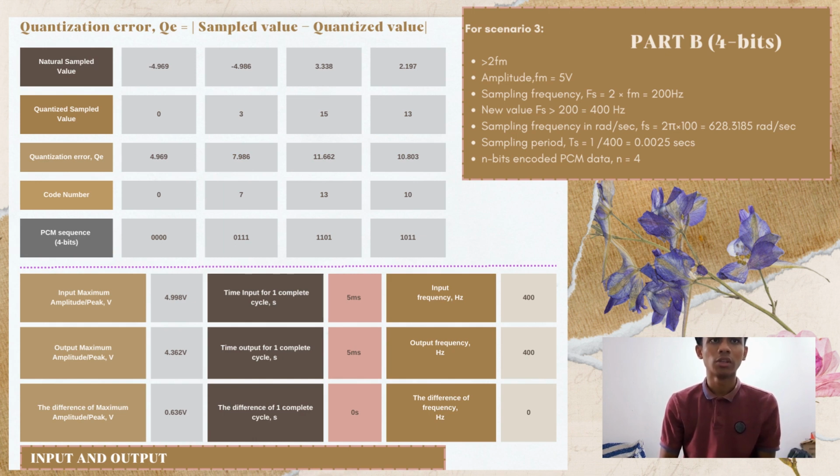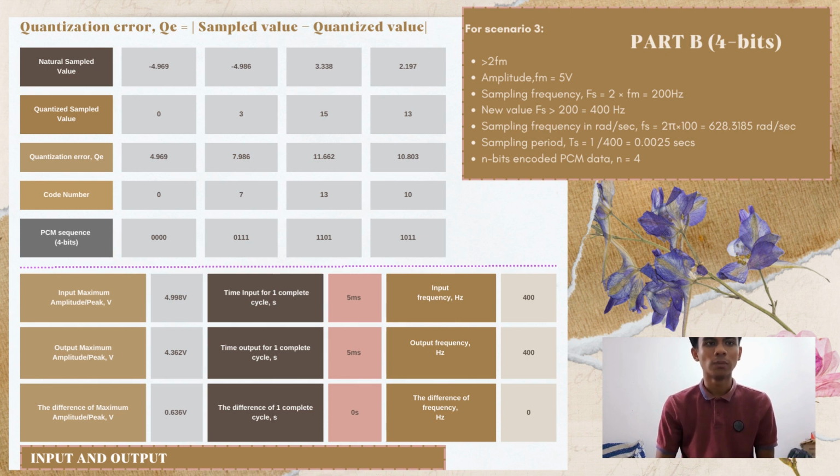The code number is 0, and the PCM sequence is 0000. Number 2 is 7, and the PCM sequence is 0111, number 3 is 13, and the PCM sequence is 1101, and lastly 10, and the PCM sequence is 1011.